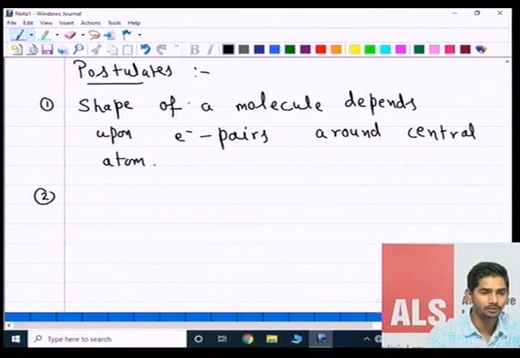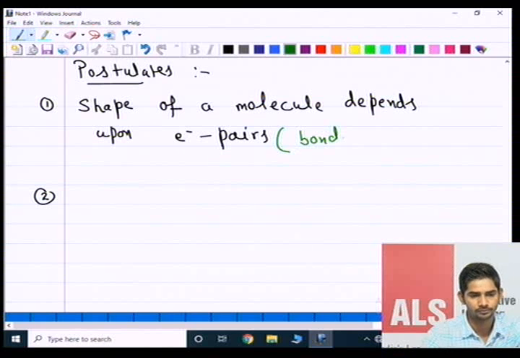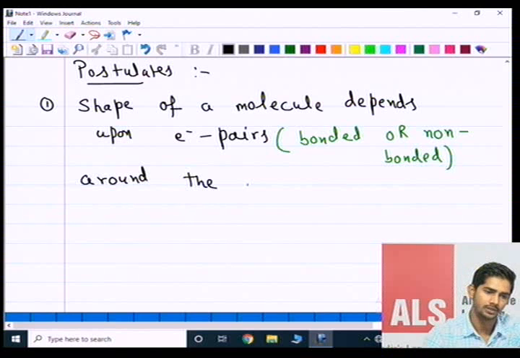One thing that you can write as well over here, guys, please add this point as well: bonded or non-bonded, around the central atom.